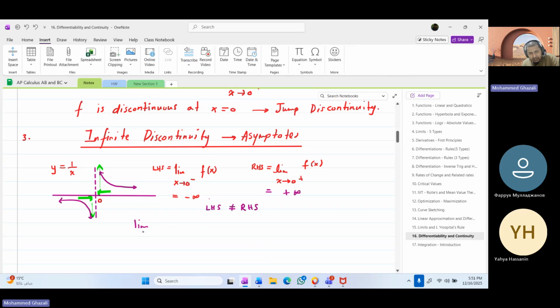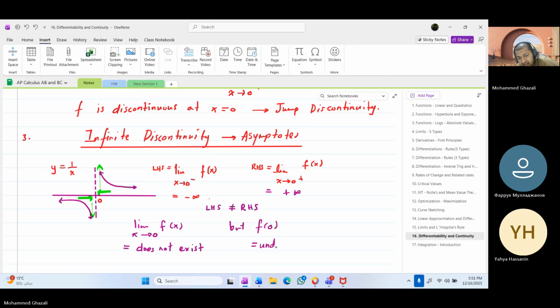So we can clearly see the limit as x approaches 0 of f of x does not exist. Why doesn't it exist? Because we're getting two different values. Sometimes it can become infinity, but f of 0 is undefined. This is the main thing. So this is undefined, and sometimes the limit does not exist, or it can be infinite. So we get an infinite discontinuity.